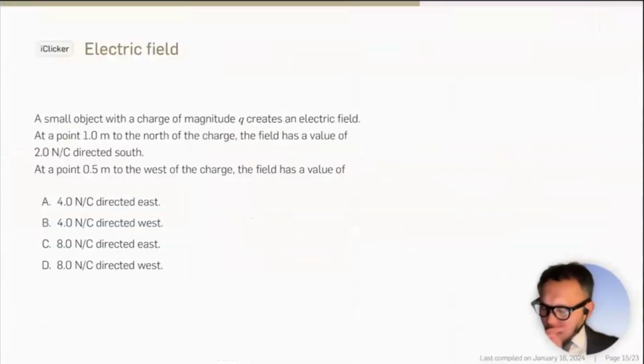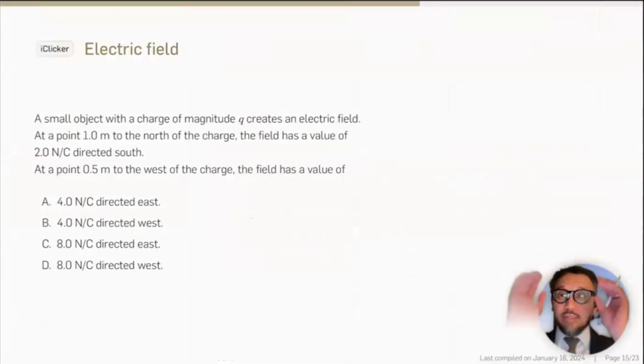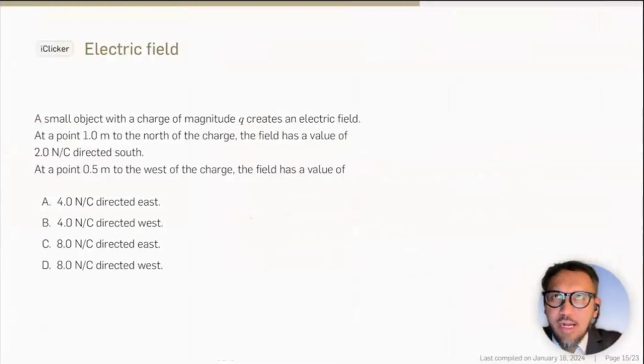All right. So electric field. This is an interesting problem. Again, this is an iClicker problem. I know that we are not in the classroom, but I want you to pause and try to solve this problem yourself, okay? I remember I made a mistake on this problem last year and students were not happy, so let's see if I can do it right. A small object with a charge of magnitude Q creates an electric field.